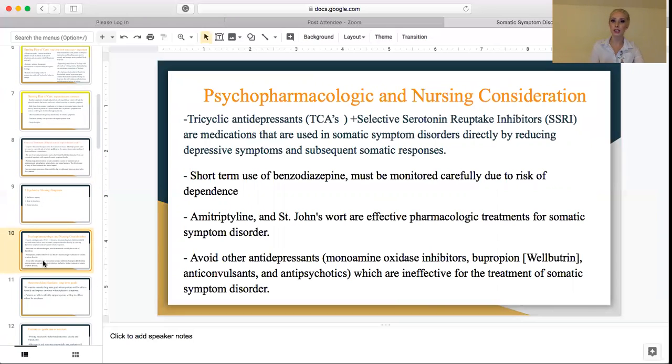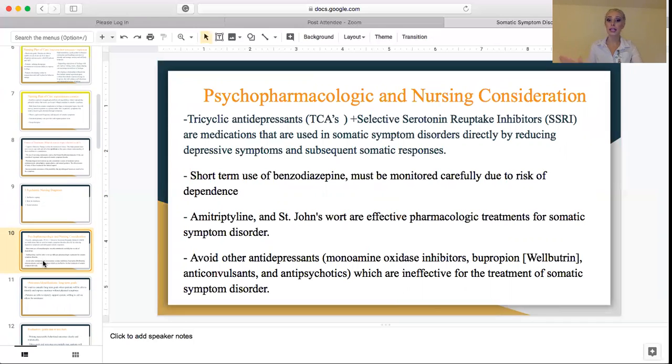Psychopharmacological and nursing considerations, what we as nurses would consider: tricyclic antidepressants, selective serotonin reuptake inhibitors. These are medications used in somatic symptom disorders that work directly by reducing depressive symptoms and subsequent somatic responses. Short-term use of benzodiazepines must be monitored very carefully due to the risk of dependence.